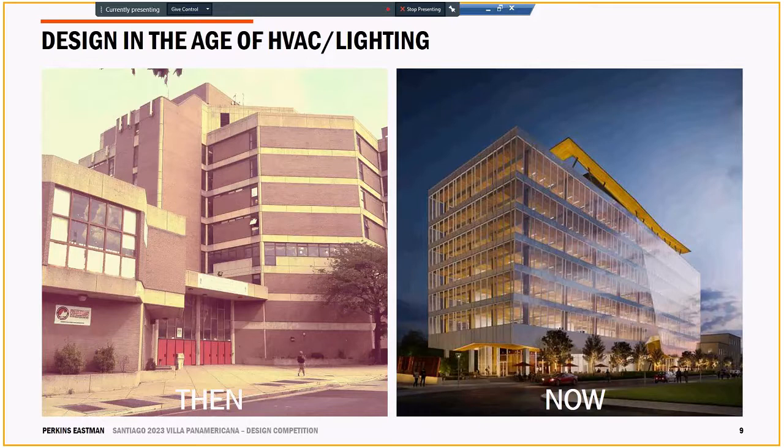We could entirely enclose our buildings and close them off from the exterior with very few windows because we were able to provide electric lighting within these spaces, and we were able to provide air conditioning or heating when needed within these spaces.